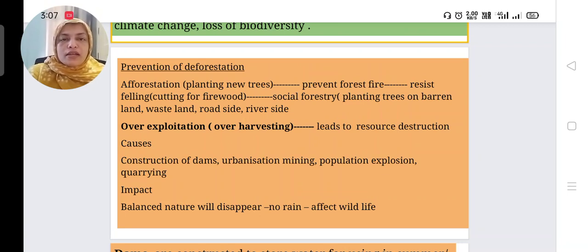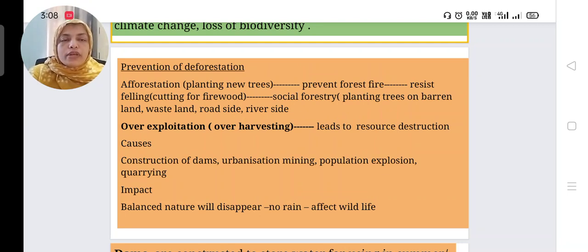Felling means cutting trees for firewood to make food. Then social forestry. Social forestry means planting trees on barren land, wasteland, roadside, riverside, etc. So, on Environment Day, we are planting trees. That is as a part of social forestry also.